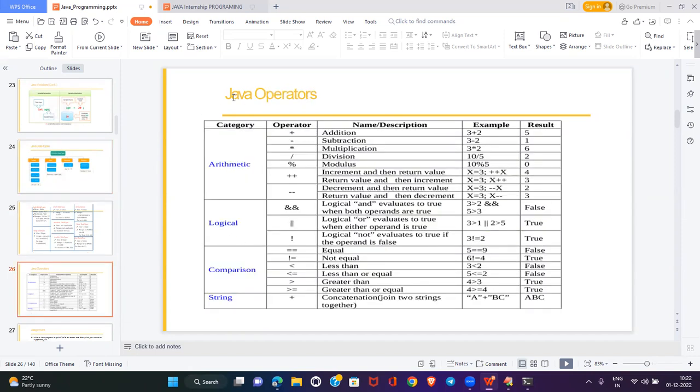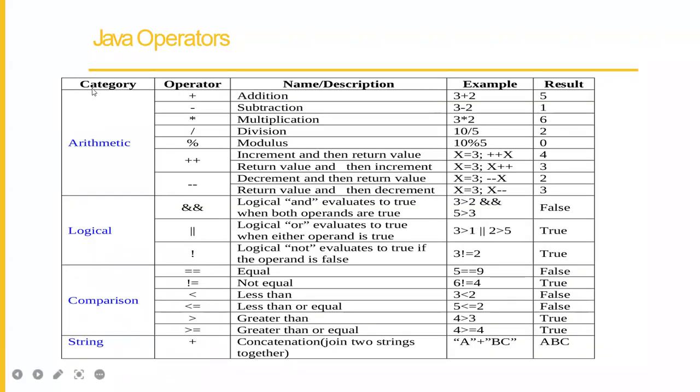Next, we move on to Java operators. So what are operators? Arithmetic operators, logical operators, comparison operators, and string. These are mainly used for implementations. But first we go for arithmetic operators. In arithmetic operators, the plus symbol indicates addition.